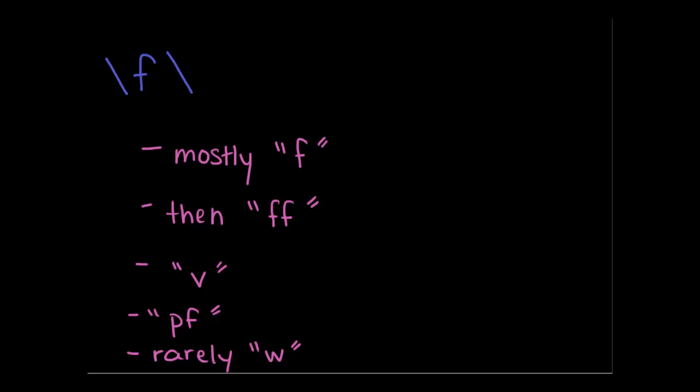For mostly F, again, it's going to be at the beginning a lot, like Fahrenheit, because you're not going to have FF at the beginning. A lot of the words come from people's names, like this one, but it's still German, so it's going to be an F at the beginning, and there's many words that have just an F in the beginning or in the middle for the F sound.